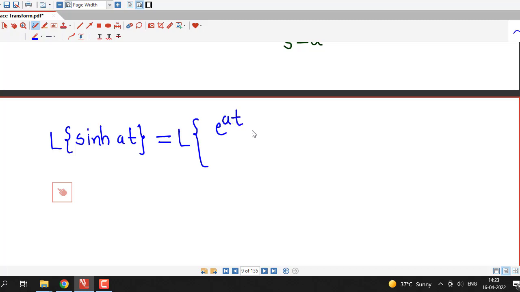In the same way we can find the Laplace transform of sine hyperbolic at using the definition of sine hyperbolic at. The Laplace transform of sine hyperbolic at is the Laplace transform of (e raised to at minus e raised to minus at) divided by 2.